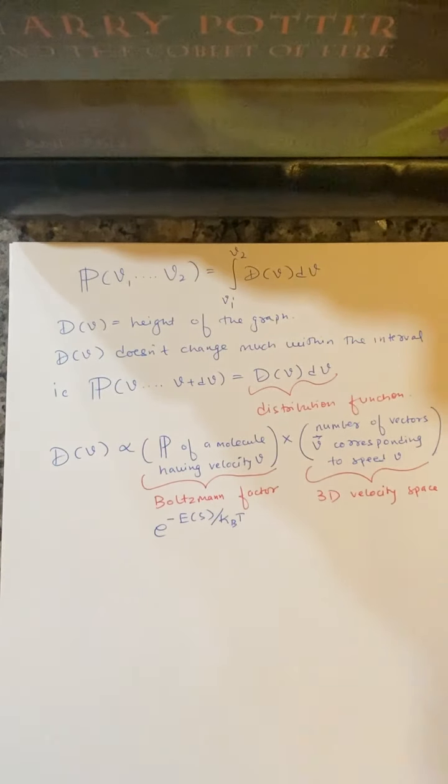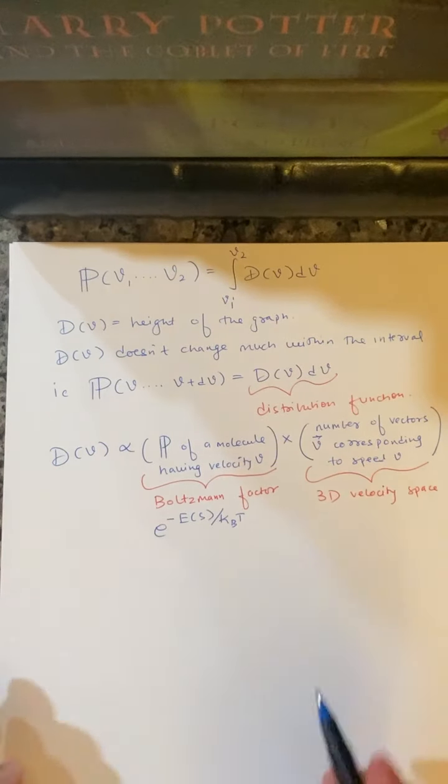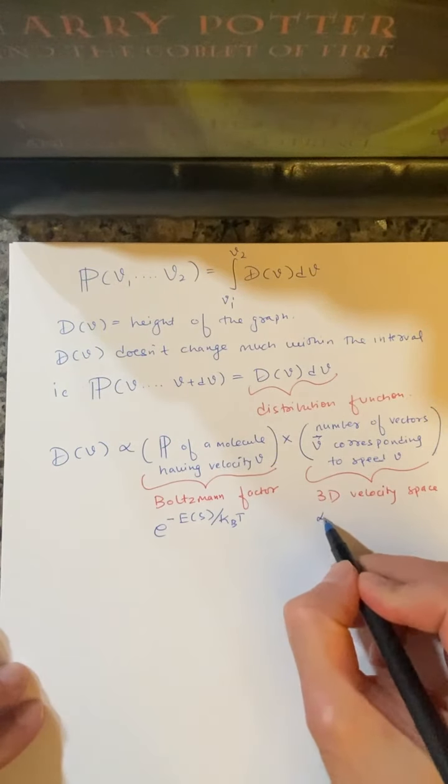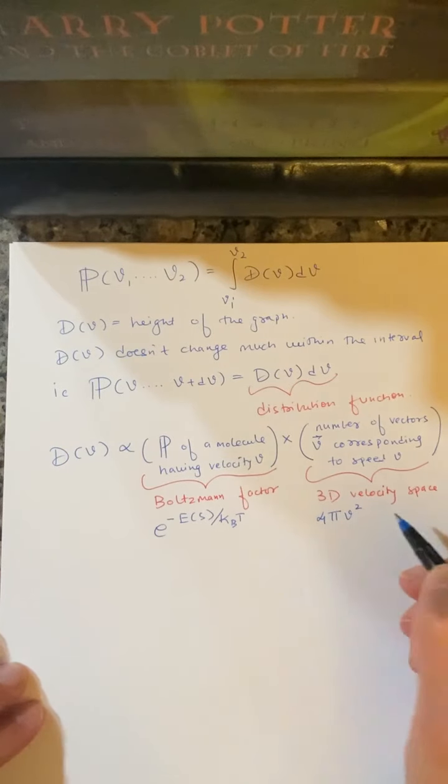In 3D velocity space, this is literally the surface area of a sphere with radius v. Think about this as one of the cases where all those velocity vectors are pointing towards a surface area, and what you find is this value is 4 pi v square.